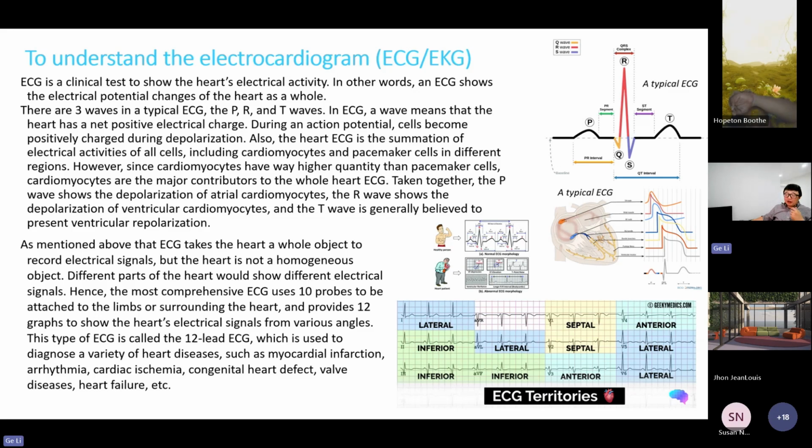I still cannot figure out why repolarization contributes to a positive charge of the heart. I will not test it, but in the future you may be tested. If you are tested, the typical answer is that T wave is the repolarization of the ventricle. I would not test it because it doesn't make sense. But anyway, that's it.